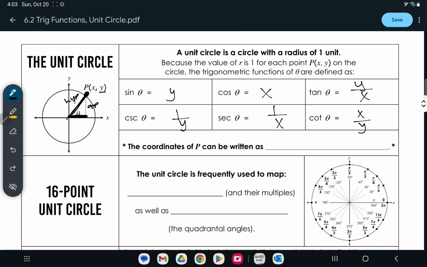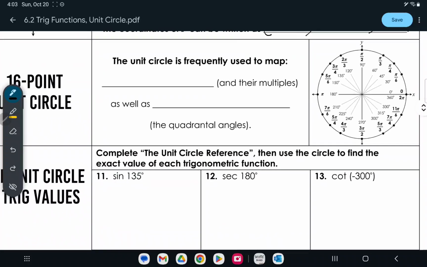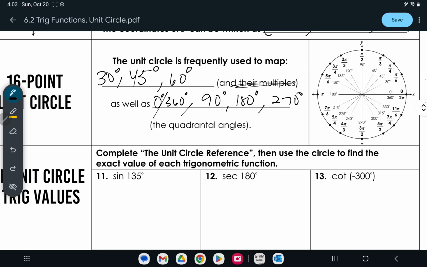We can write the coordinates instead of x, y as cosine theta, sine theta. Okay. On the unit circle, we usually map the 30, 45, and 60 degree angles and their multiples in each quadrant, as well as the 0, 360, the 90, the 180, and the 270.